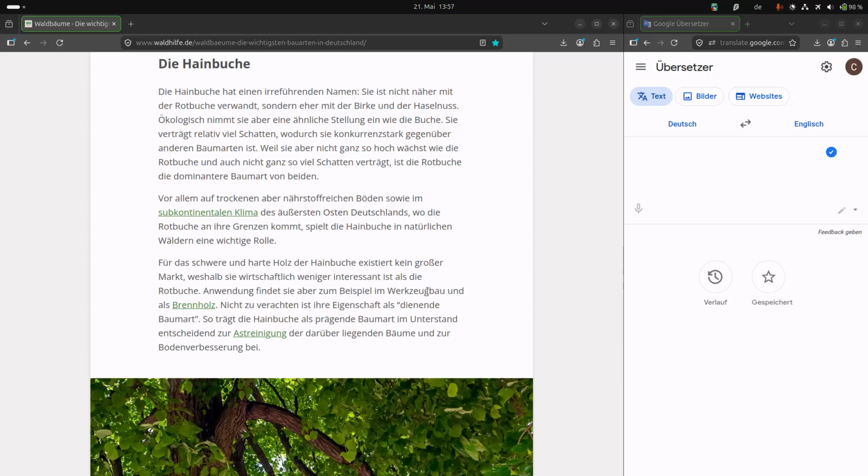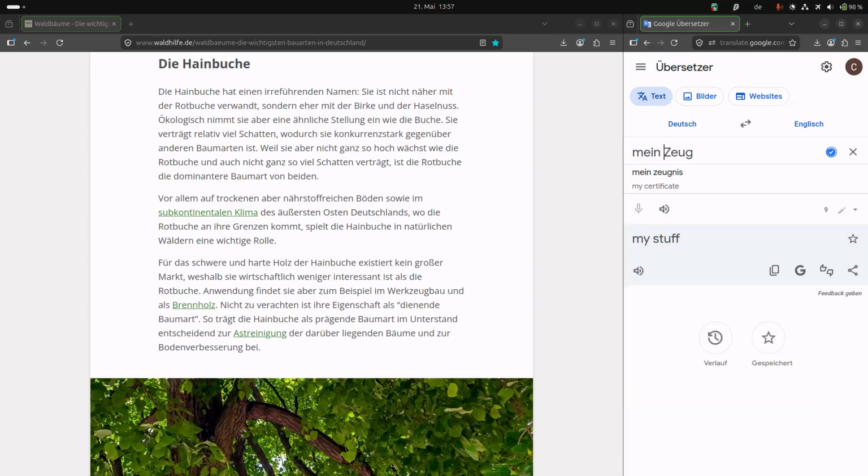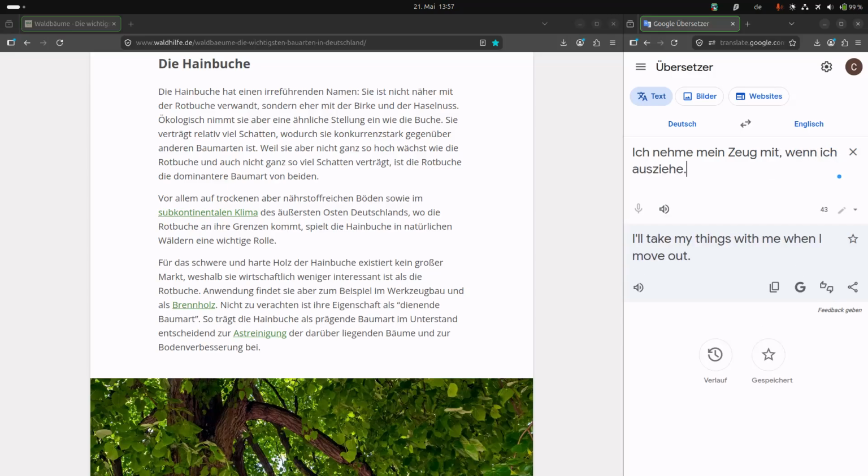Zeug, which is also important to mention, in and of itself means stuff, basically. Mein Zeug, my stuff. For example, ich nehme mein Zeug mit, wenn ich ausziehe would be an exemplary sentence.